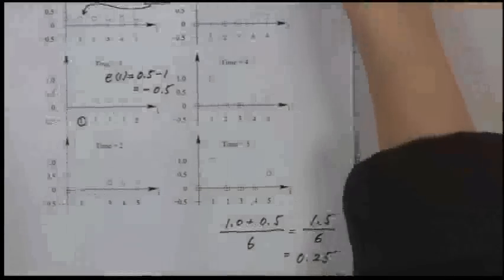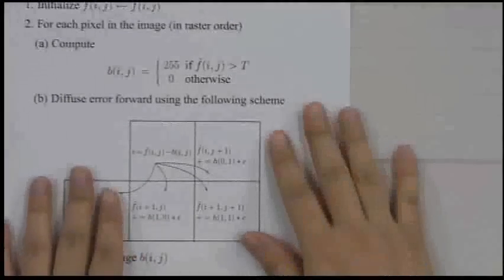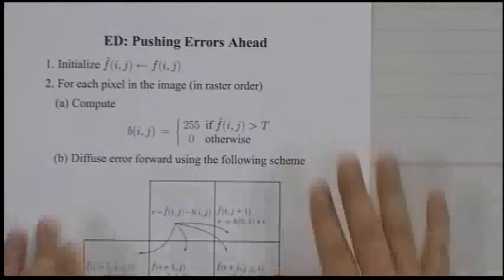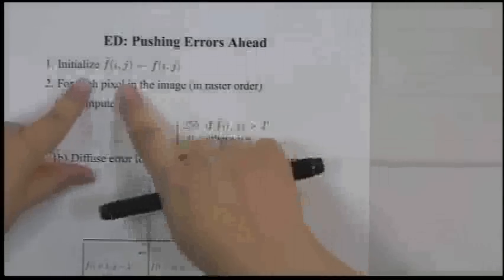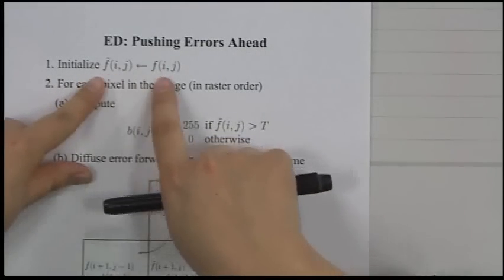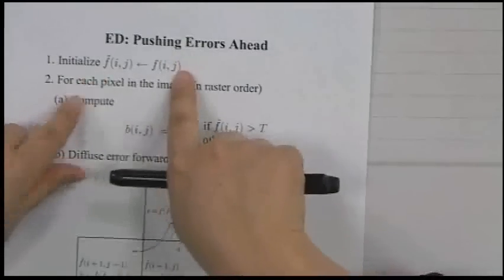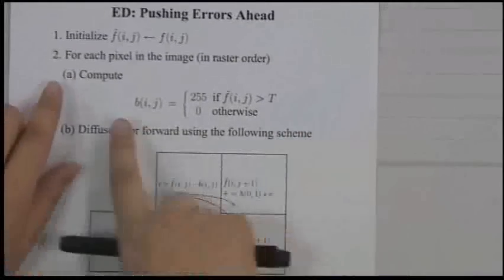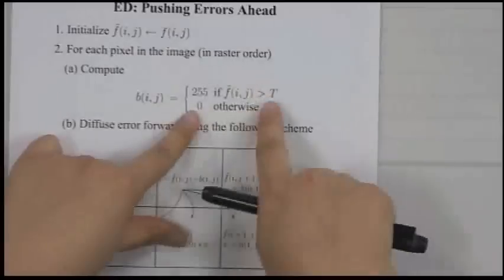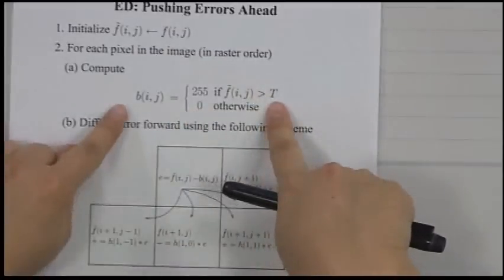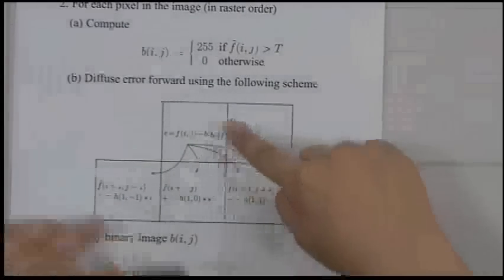And how about the 2D case? Okay, 2D case. First, we initialize F tilde by the original set of data. And then we binarize using the threshold T. Here's an example.